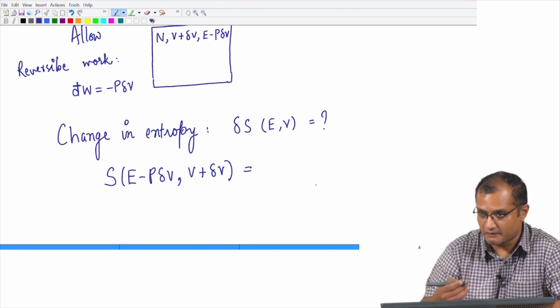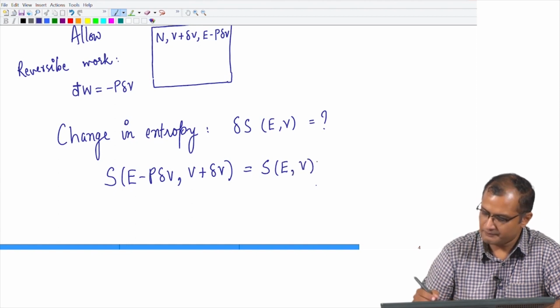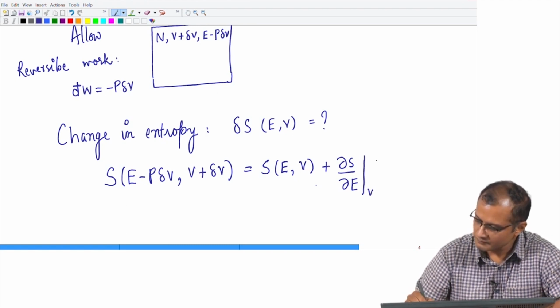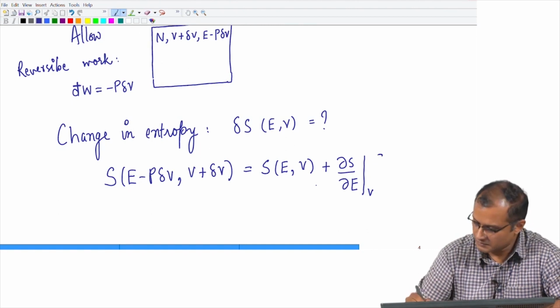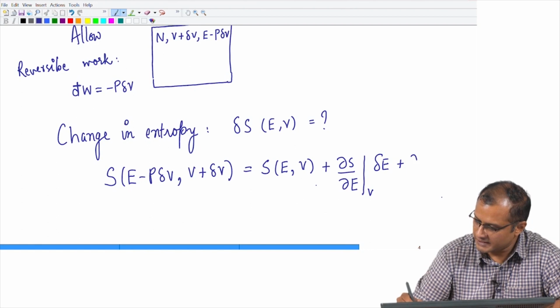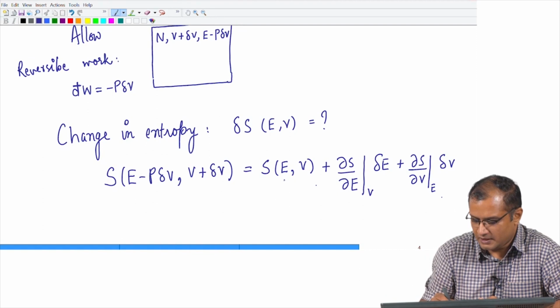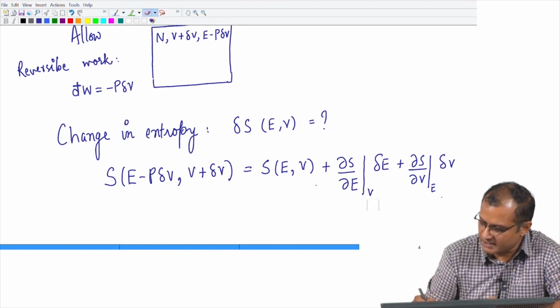We say that the entropy after the work is equal to the entropy before we did the work, plus delta S over delta E at constant value of V into dE, plus delta S over delta V at constant value of E into delta V. This is the first order expansion of entropy around E and V. As you can see, these derivatives are taken at E and V here.